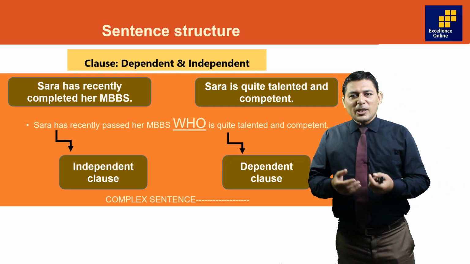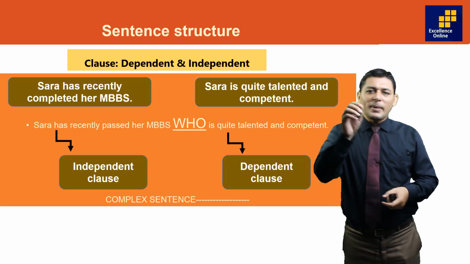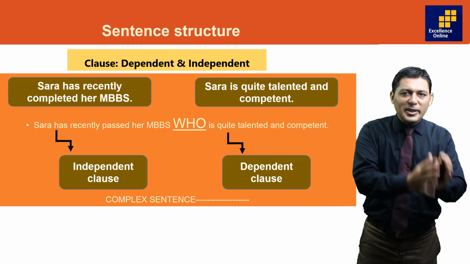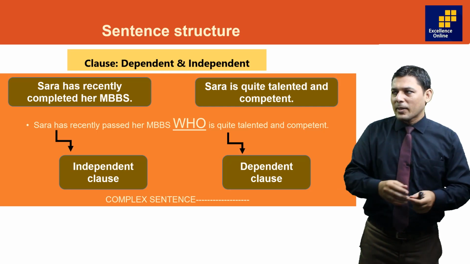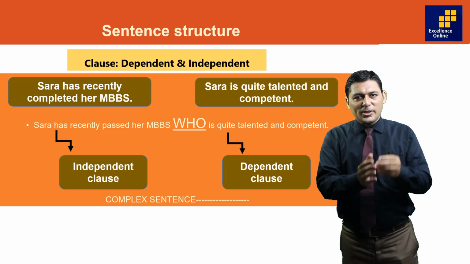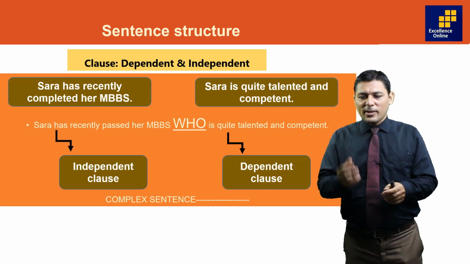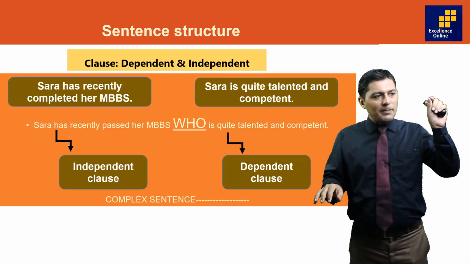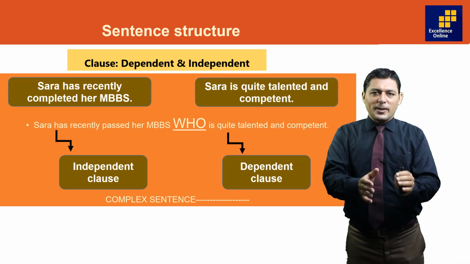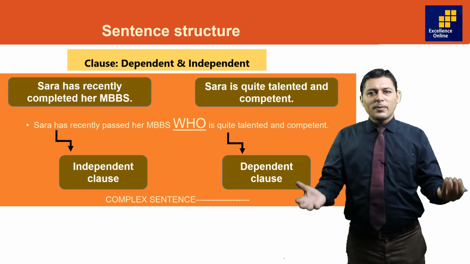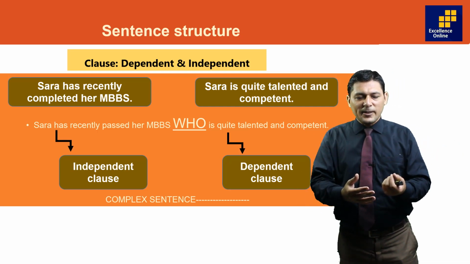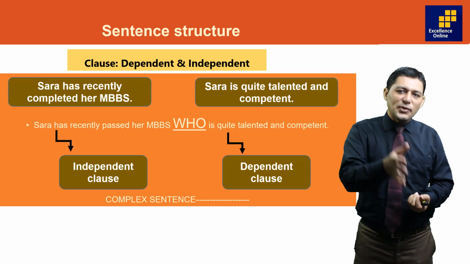If we discuss simple, compound, and complex sentences, it is mandatory for you to understand the idea of a clause. We have 2 clauses: dependent clause and independent clause. On one side we have a clause, on the other a sentence. A sentence is a group of words, maybe a single word, which has a complete meaning or sense.